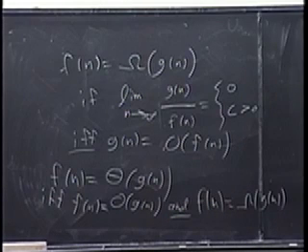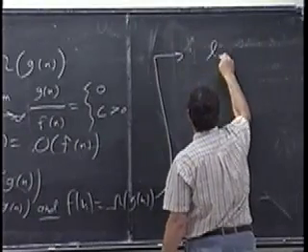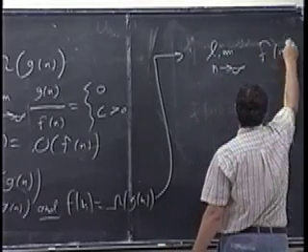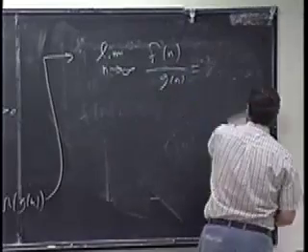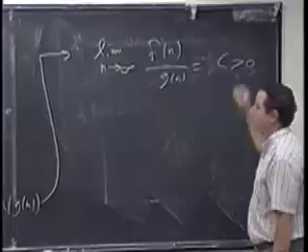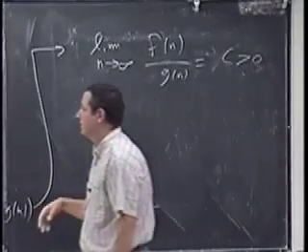And how do we write that in terms of limits? This is when the limit as n goes to infinity of that ratio equals what? Some constant greater than 0. So this was the intersection of the two possibilities that we had before.